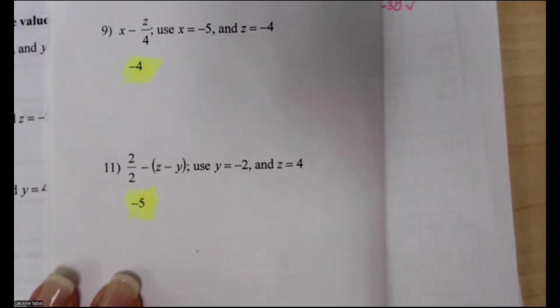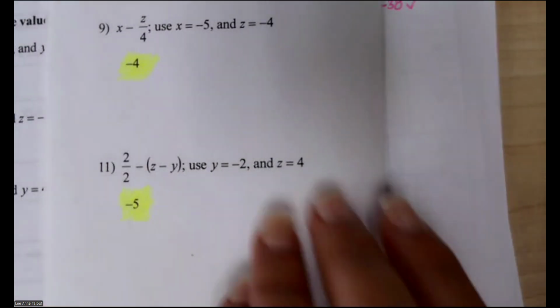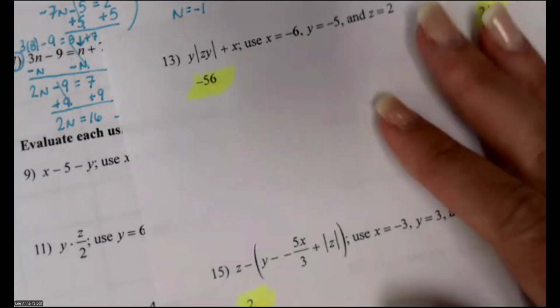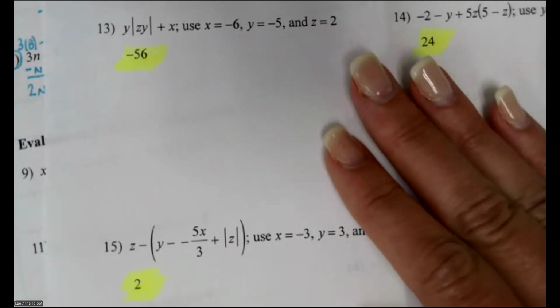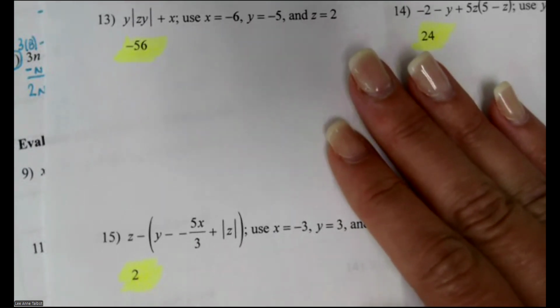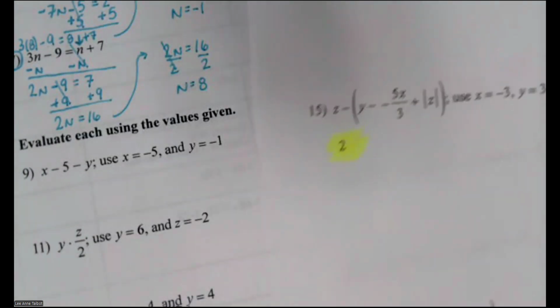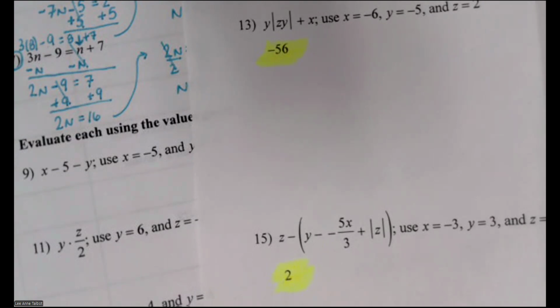And then number 11 is -5. Number 13 is -56. And number 15 is 2. Negative 56 and 2.